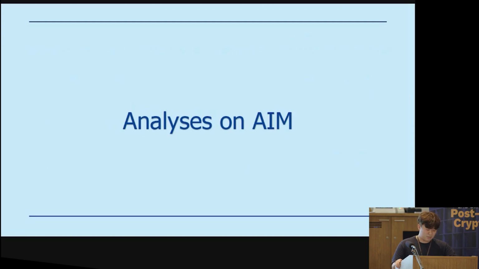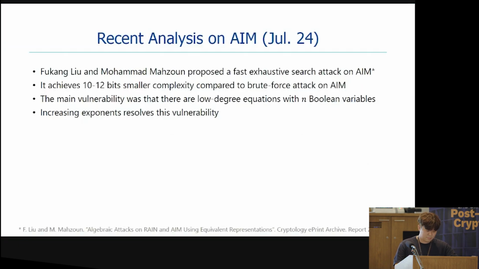There have been some analyses on AIM recently, so we have introduced some analysis and some of our mitigations in this work in progress. On July 24th, Fukang Liu and Muhammad Mazun proposed a fast exhaustive search attack on AIM.